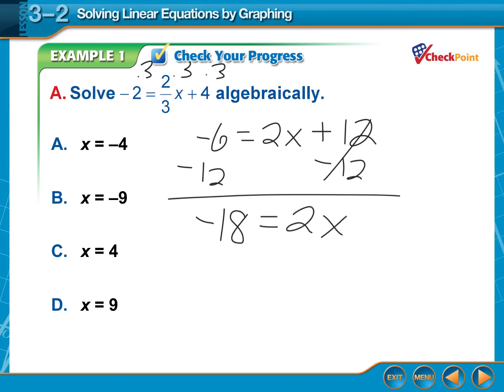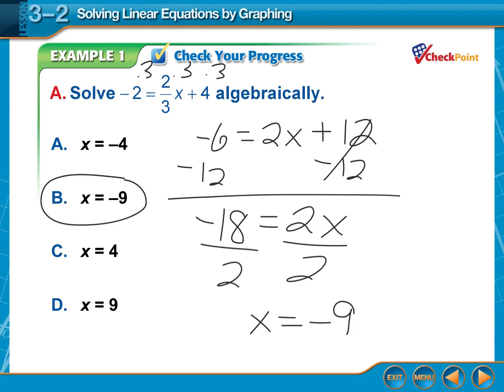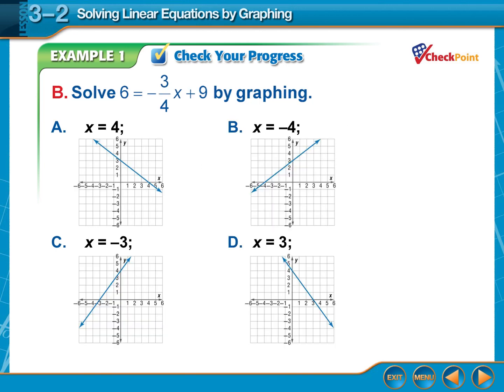What's my last step? Divide by 2. X equals negative 9. Good. So you've done this before. Now that we're working with graphing, what does this give us? The x-intercept, right? It says x equals, so on that graph, negative 9 would be over here. Same thing, but now we're putting it together with a graph.